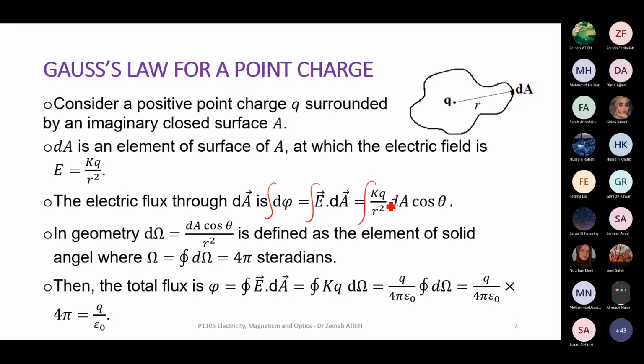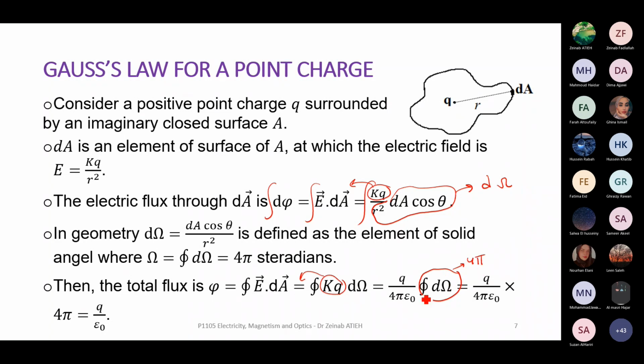So as you can see, kQ goes outside the integral. There remains dA cosine theta over r squared, which is d omega, the integral of d omega over a closed surface, meaning a full turn in space of solid angle. This will give me 4 pi instead of this quantity.